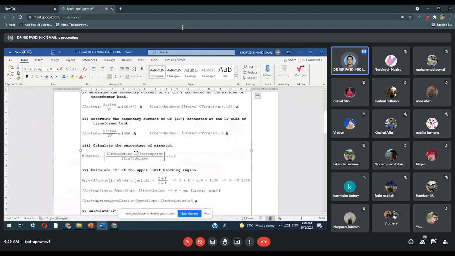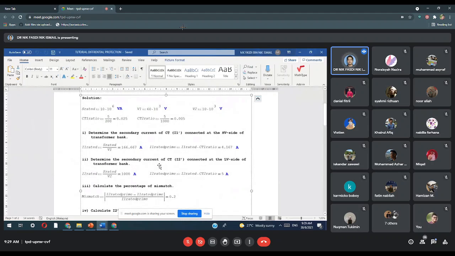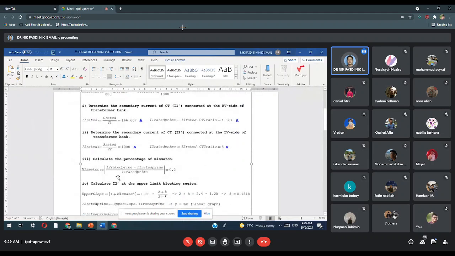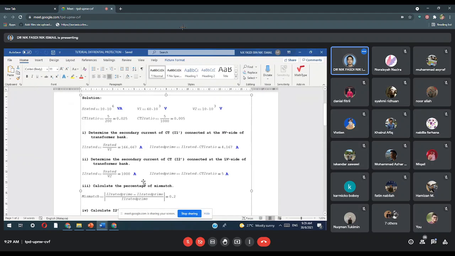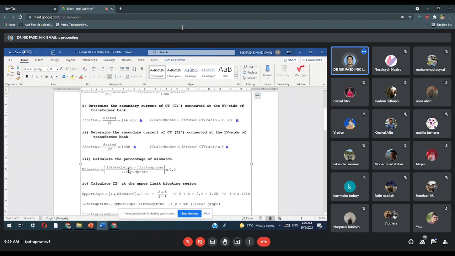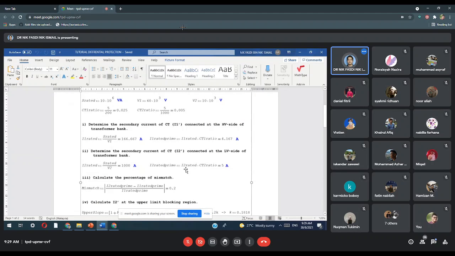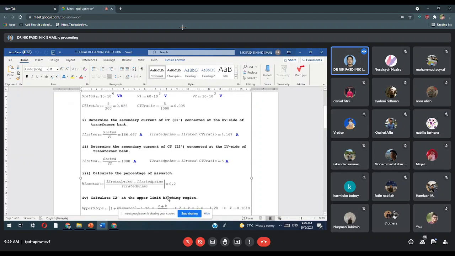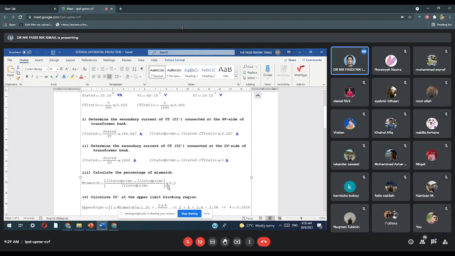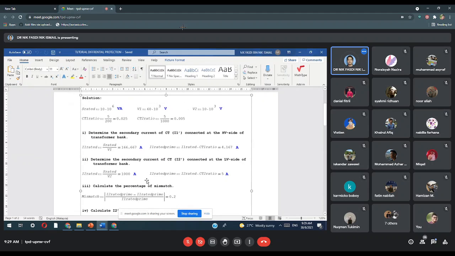Okay, up to here is fine. Calculate the mismatch of the currents for the secondary current. The equation is I2 prime minus I1 prime, divided by I1 prime, which gives 0.2. This current I2 prime minus this one, divided by this one, gives the mismatch of the currents.